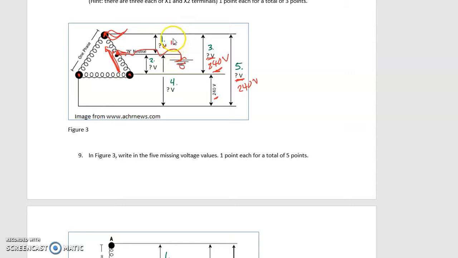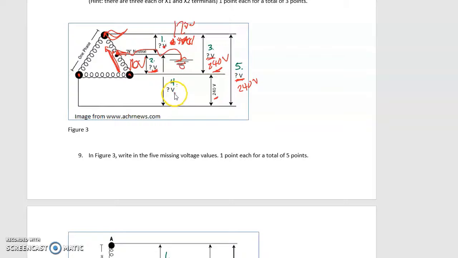So this is 120 volts. Same thing, this voltage here is the other half of the, so to speak, split coil. This is also 120 volts. Sorry for my bad handwriting.